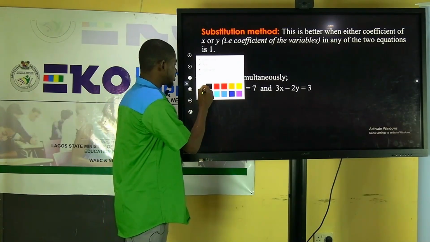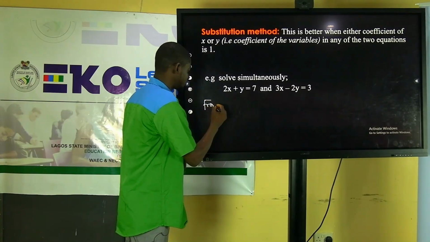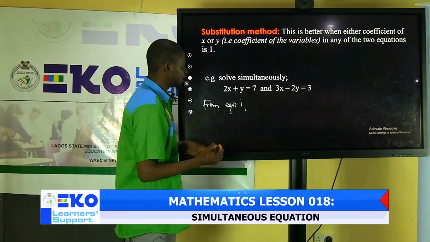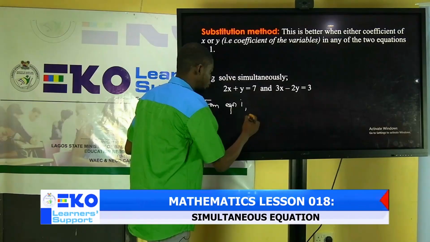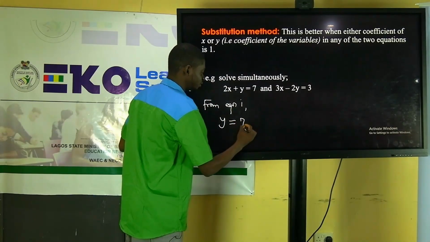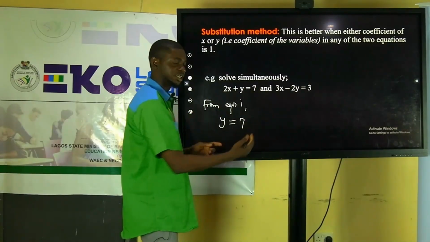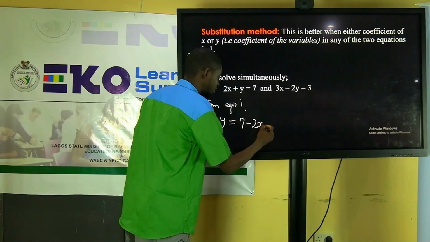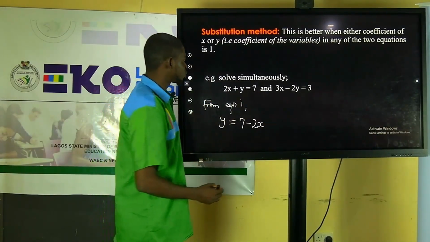So to start with, from equation 1, let's make y the subject of the formula. Then that will become y equals 7 minus 2x. Remember, this is positive 2x. When you take it to the other side, it takes the negative sign, minus 2x. So we keep this. We then move to equation 2.